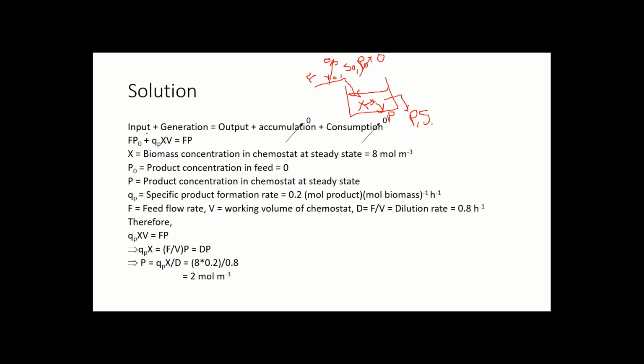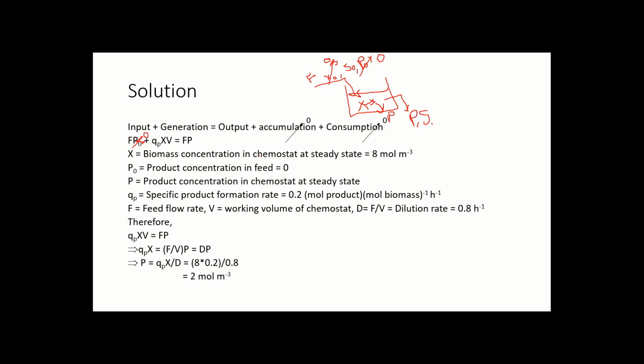So basically input plus generation equals output. Input we can write F P naught, generation Qp x V, and output F P, right? And as I already mentioned, in the feed there should not be any product. Product will be generated in the chemostat, so P naught, the product concentration in the feed, is 0, right?